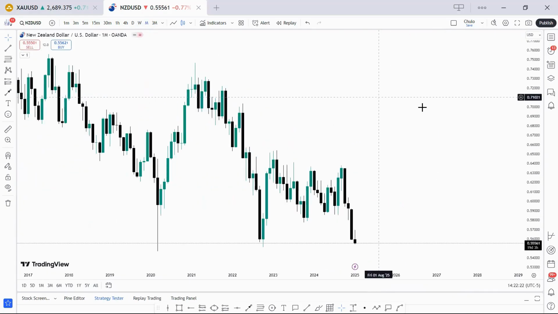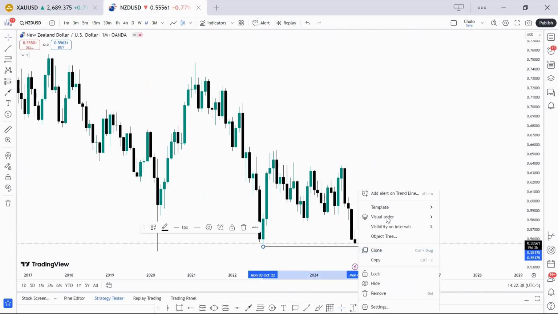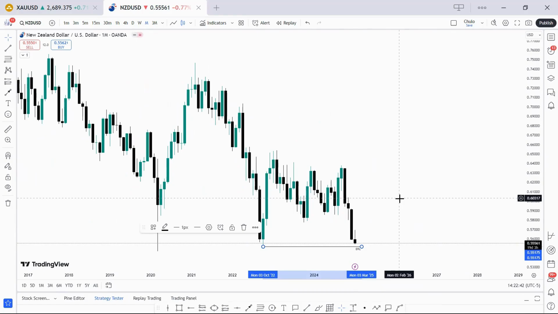NZDUSD from the monthly time frame. We have this external range liquidity here. We have this external range liquidity. So what is the next thing we have to do? The next thing we'll do is just go down to the daily time frame.